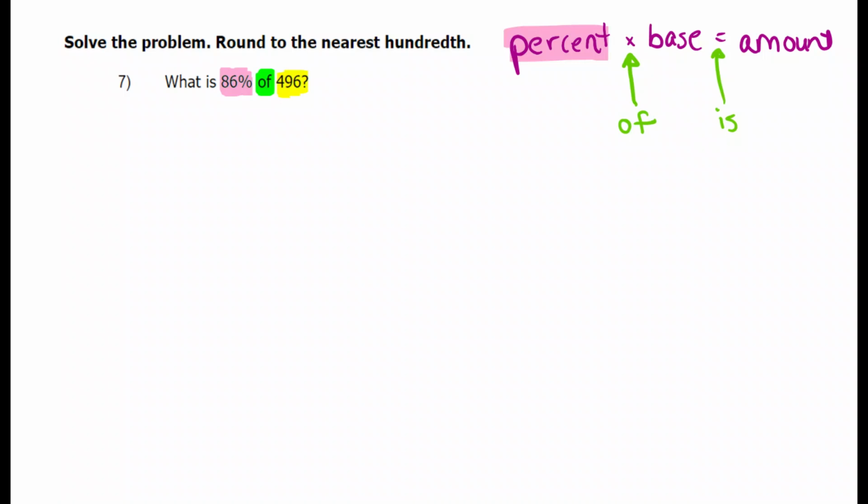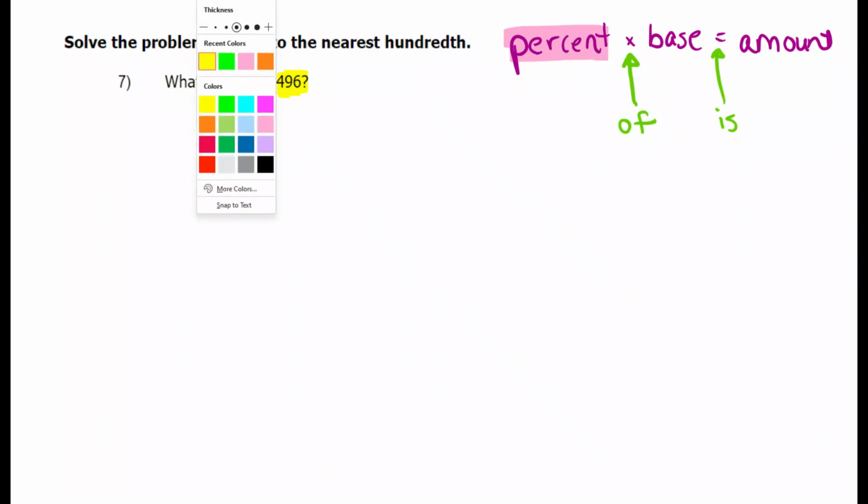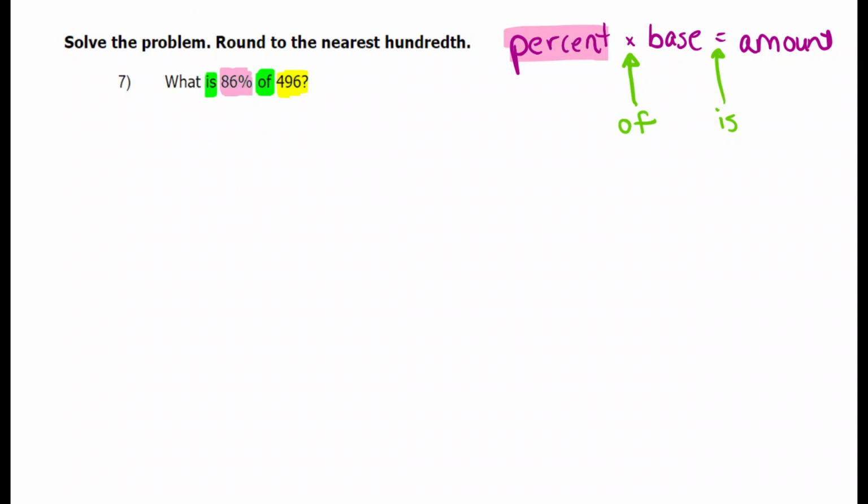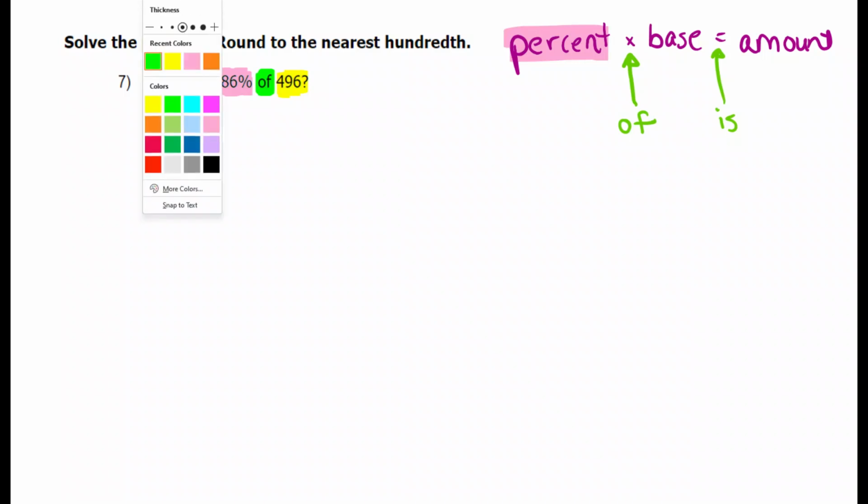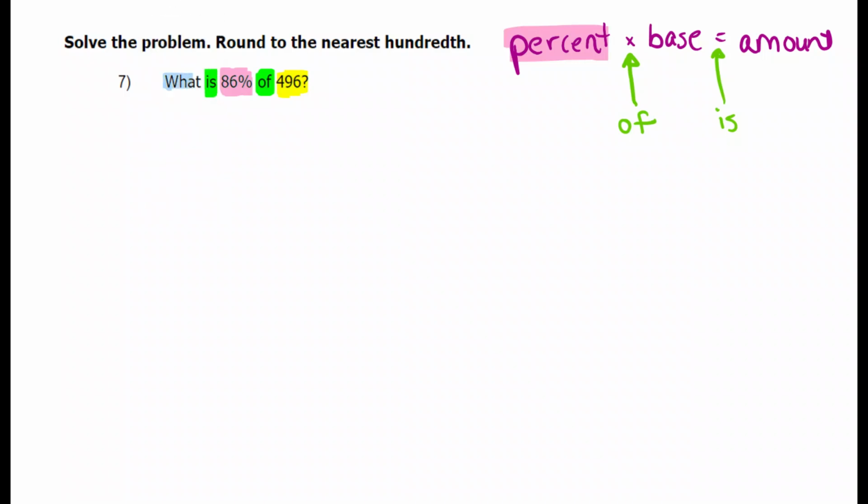So right there, I've got the word "of" between 496 and 86%. And then you've got the word "is" at the other end. Here's your "is," so that's your equal sign. And then they're asking you for what? That's your amount. So when I'm looking at this, I'm like, okay, it's 86%, but that's 0.86.